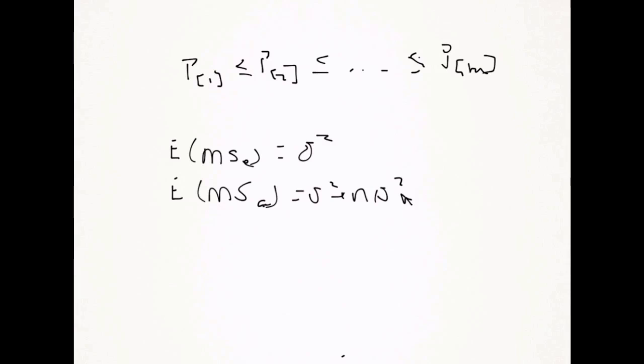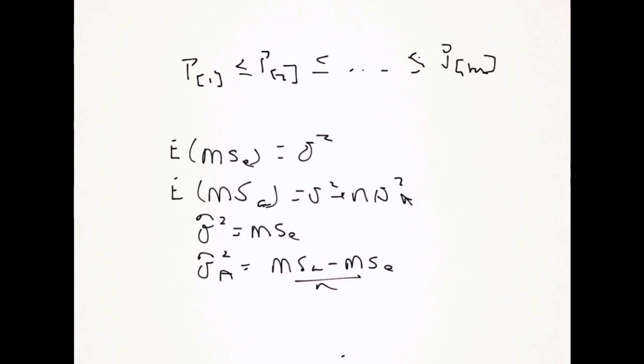So in a reasonable sense, I could use sigma hat squared as the mean square for E, and sigma hat squared sub A as the mean square for A minus the mean square for E, over n. Does that seem reasonable?